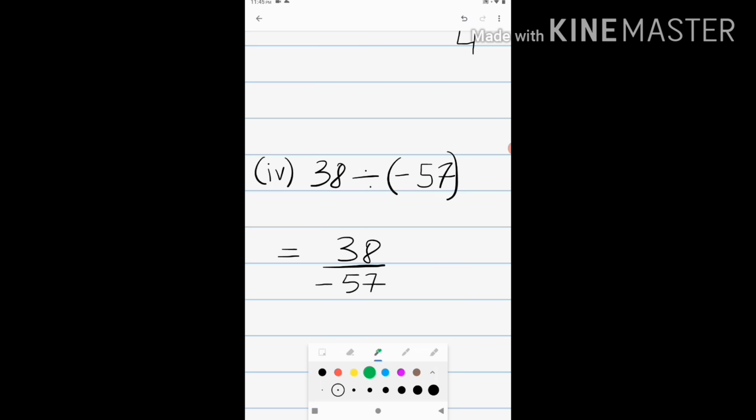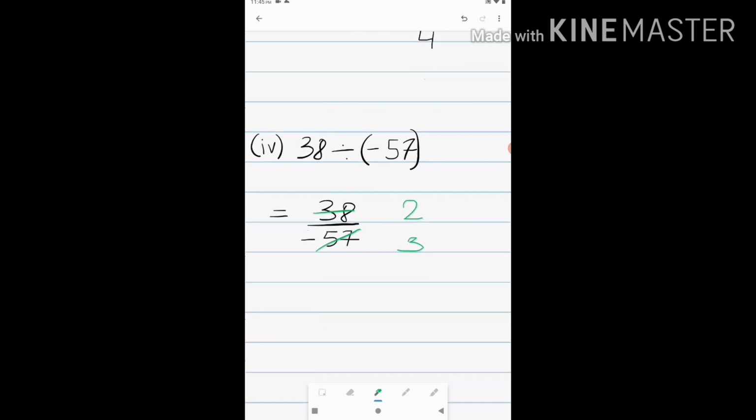So 19 times table, 19 2s are 38 and 19 3s are 57. So we cannot cancel it any further. 2 and 3 will not get cancelled any further.